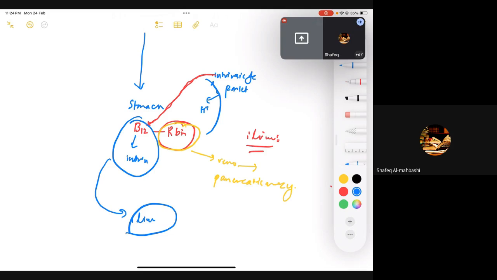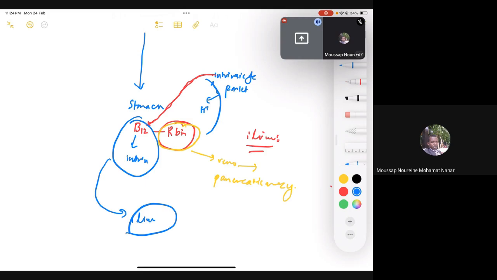Okay, perfect. Can you repeat this concept? Okay, don't worry, I'm going to repeat it. We have vitamin B12. From where do we get vitamin B12? It's mainly derived from animal products, animal derived proteins.